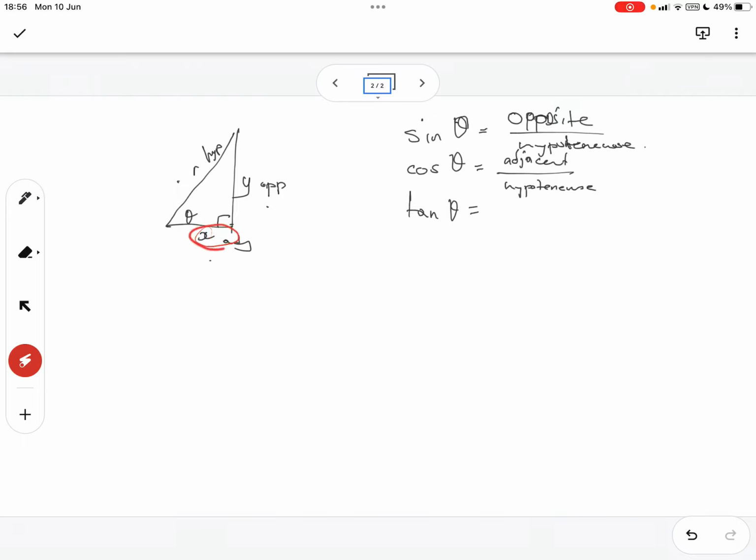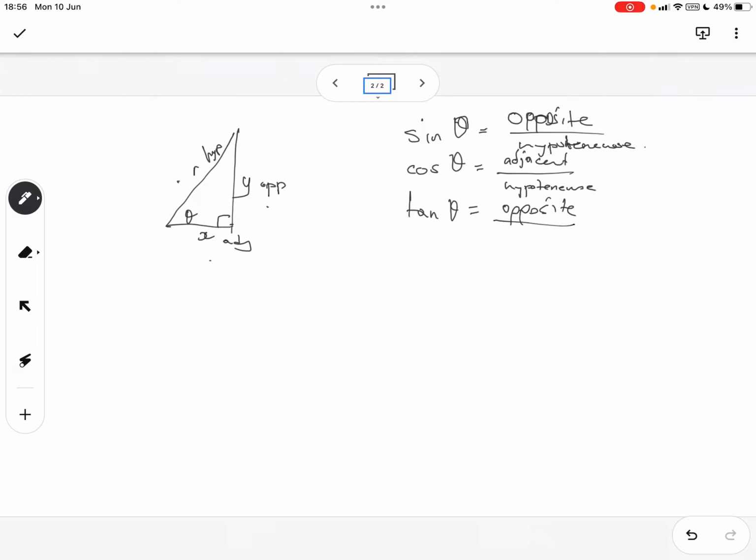The next trigonometric ratio, cosine, we take the adjacent side and divide it by the hypotenuse.